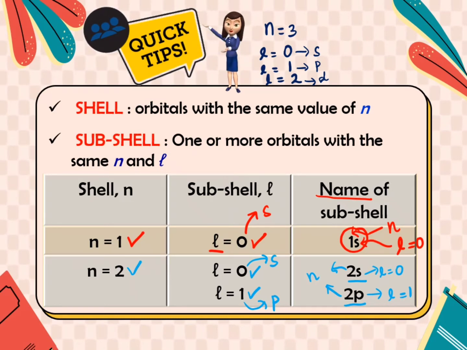Kalau kita gabungkan dia, kita akan dapat 3S, 3P, 3D. Nampak tak? So untuk petala yang ketiga or at third energy level, you akan dapat 3 subshell. So ingat macam mana nak tentukan S, P, D ni? It depends on L.